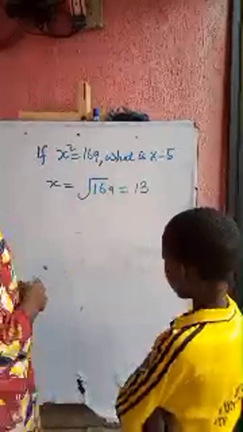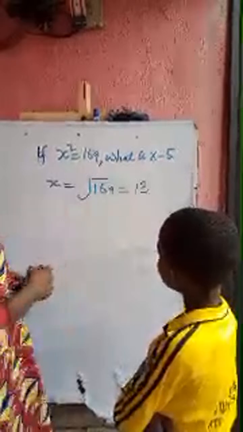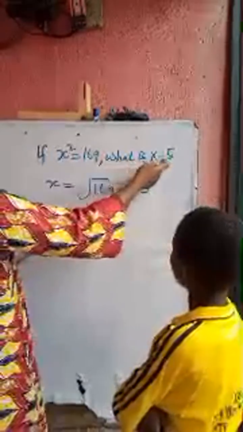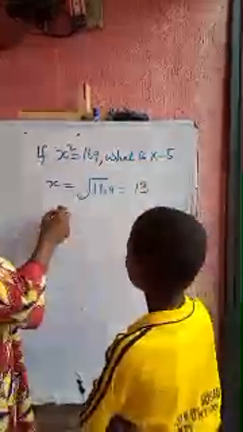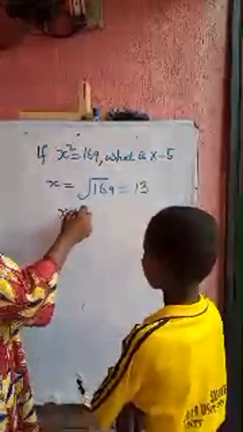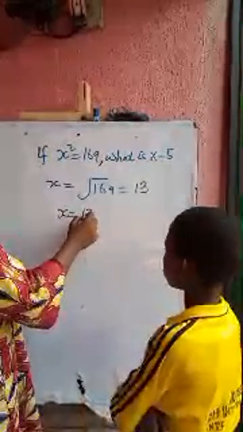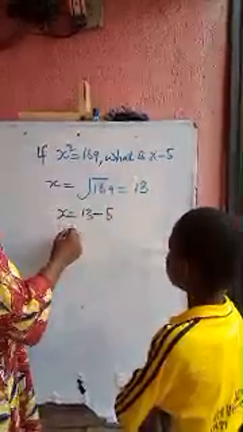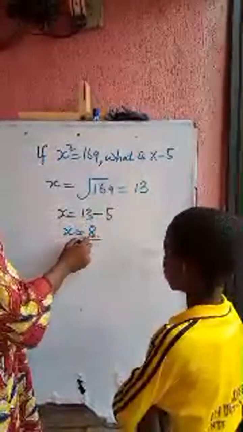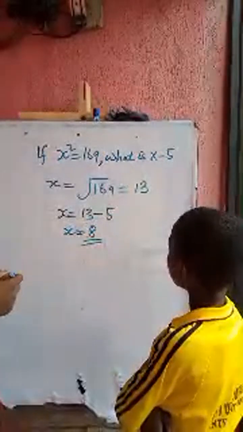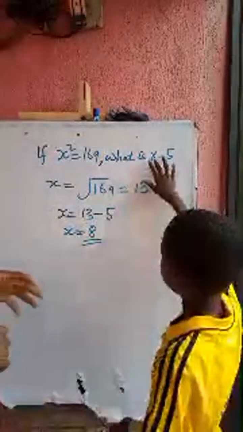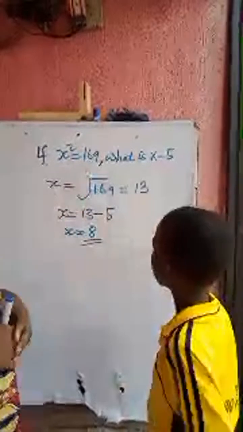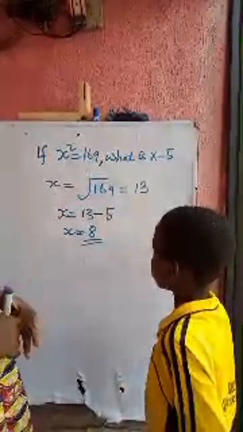Now that we have seen it as 13, what do we do next? They say what is x minus 5? So we say x equals 13 minus 5, and that will give us 8. So x minus 5 is equal to 8.